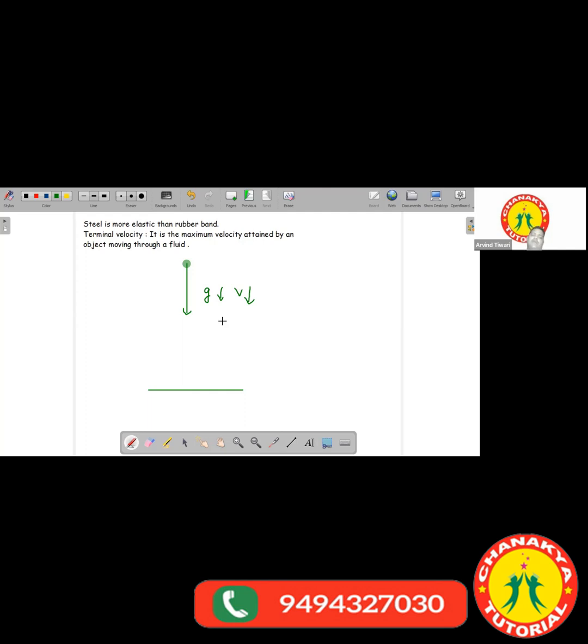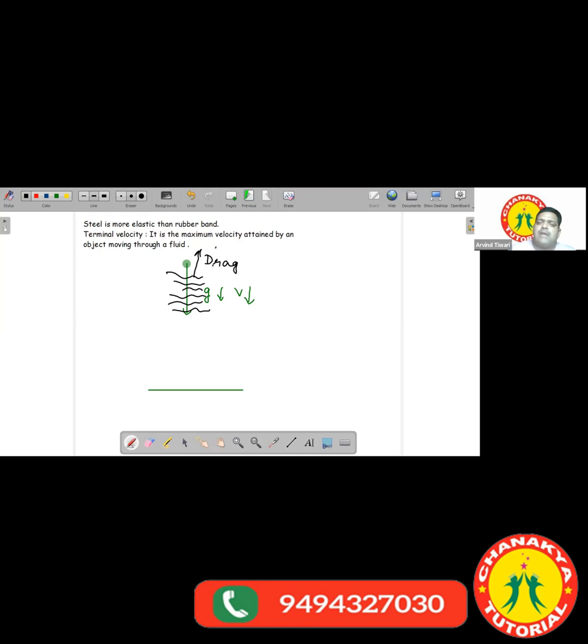The layers of air which are present do not allow the ball to move through them easily. So suppose you have these layers of air through which the ball has to move. Now when the ball moves through these layers of air, they offer resistance to the ball, and hence they offer a backward force. So this ball is offered a backward force which we call the drag.